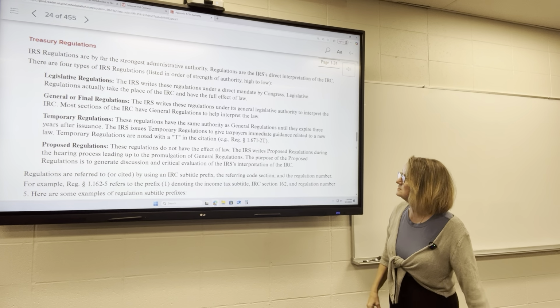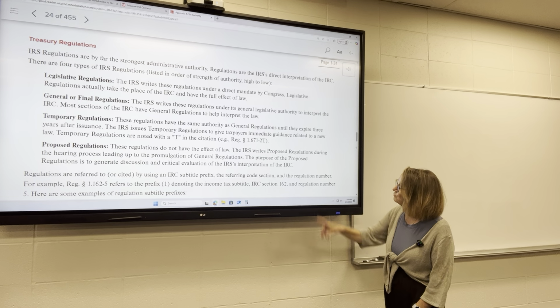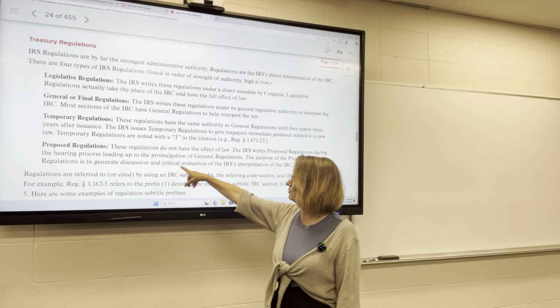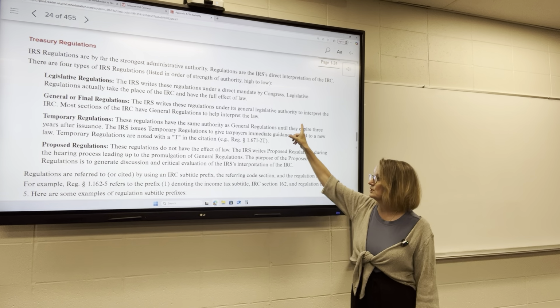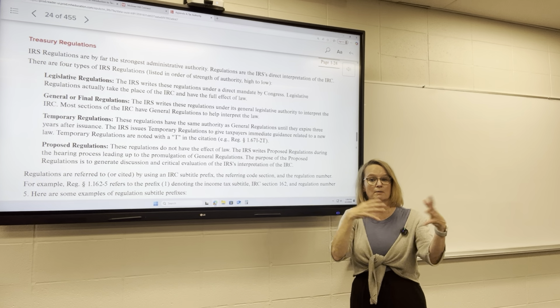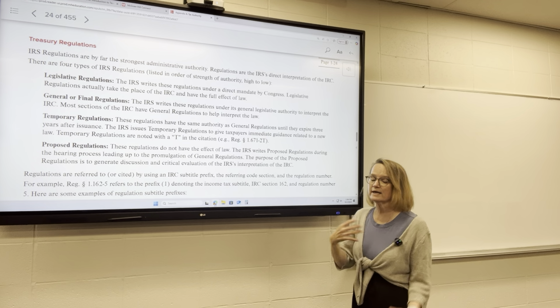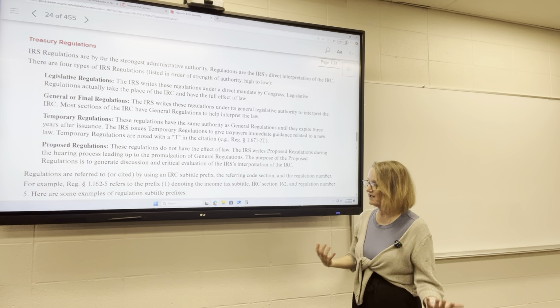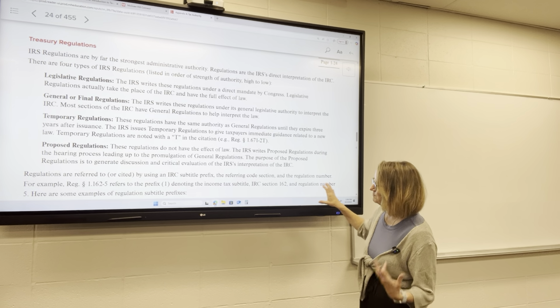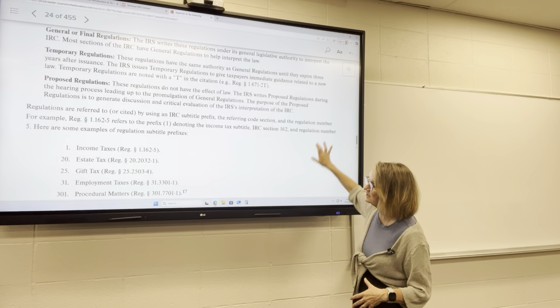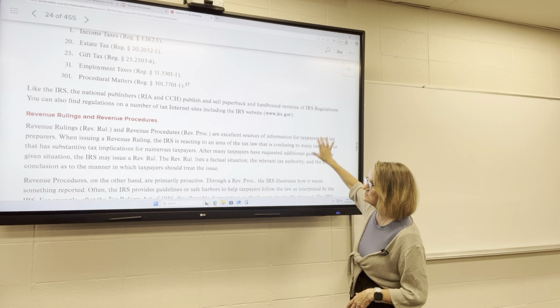Proposed regulations don't have the effect of law. They write these during the hearing process leading up to the general regulations. So these are what the IRS is proposing to be the regulations, but you can't really use these in order to defend a particular position. So those are the different types of regulations that the IRS issues.